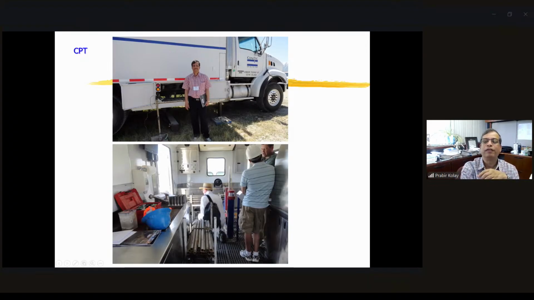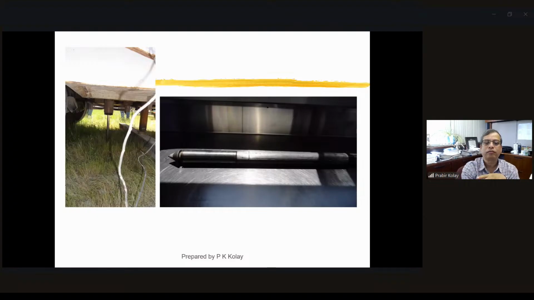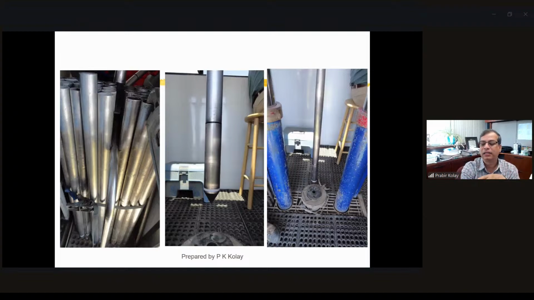Obviously, to push it into the ground, you sometimes need to anchor the truck itself into the ground. This is how it looks, and the sample is being pushed. This is how the cone looks, and this is a closer view. This is the hole where the CPT cone has penetrated into the ground.